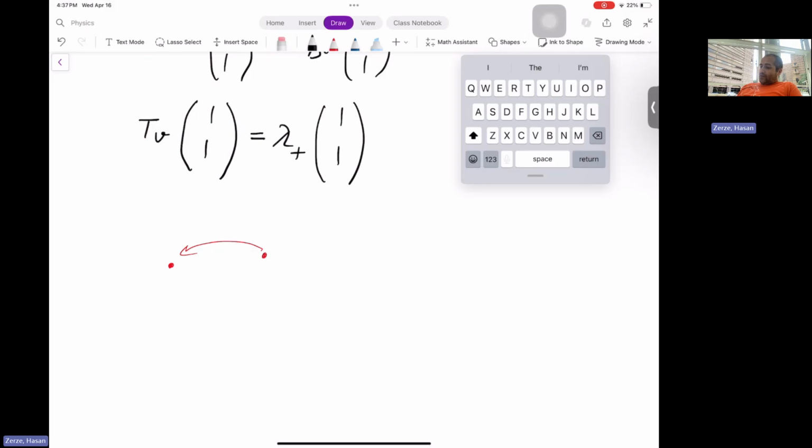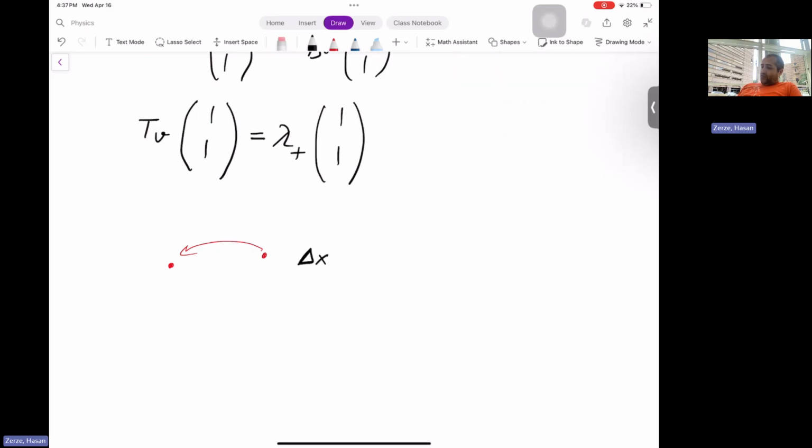And in this case, our delta x will be negative delta t, because now I'm taking the displacement to be negative. Delta x will be negative delta t.